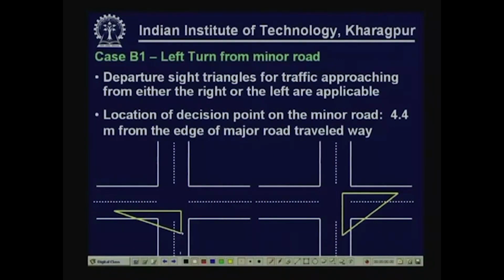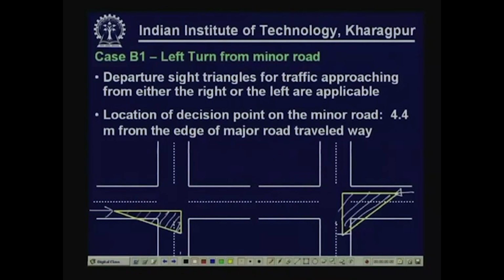When this stopped vehicle is trying to do the maneuver, it is possible that a vehicle may approach from the left side. So, this is the triangular area which should be free from obstruction. It is also possible that when the vehicle is trying to move, a vehicle may come from the right side. So, again this area should be free from obstructions.